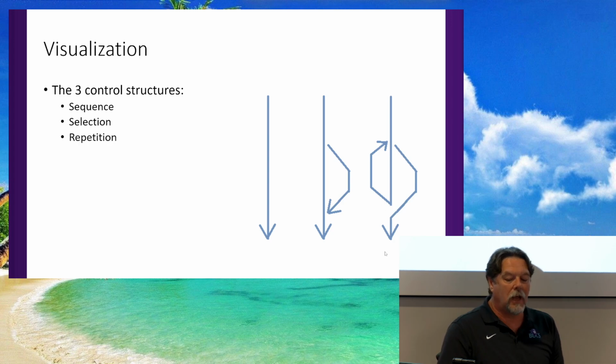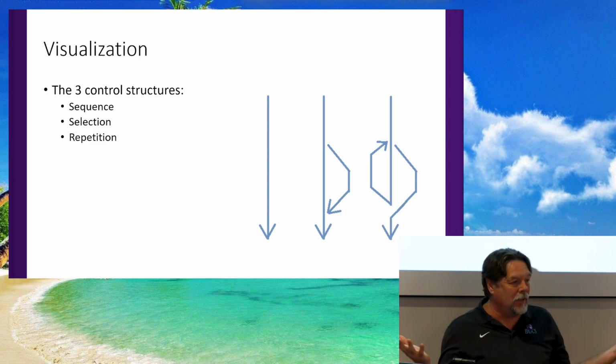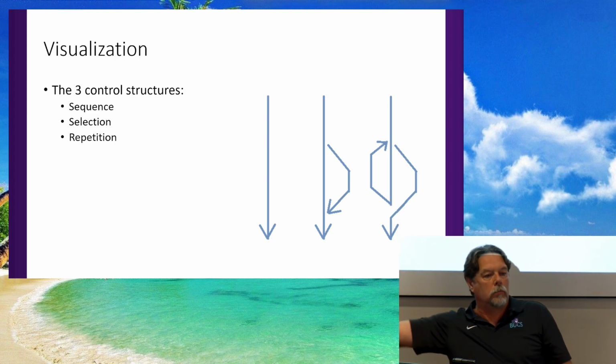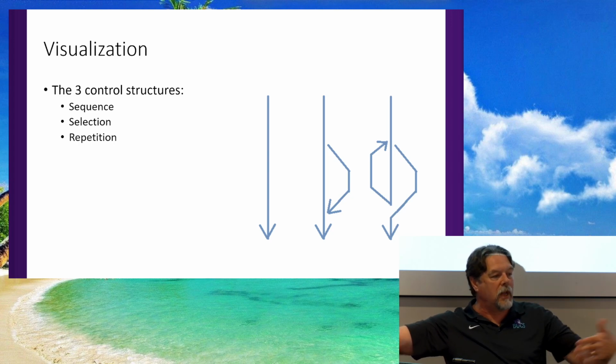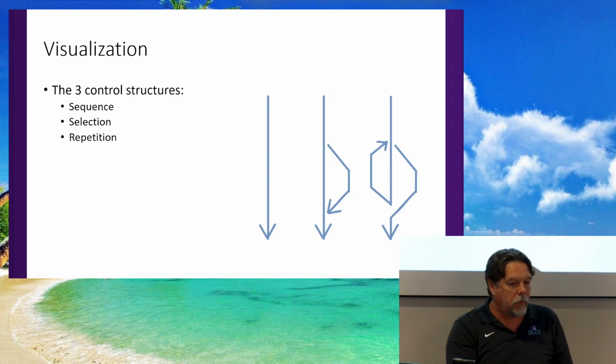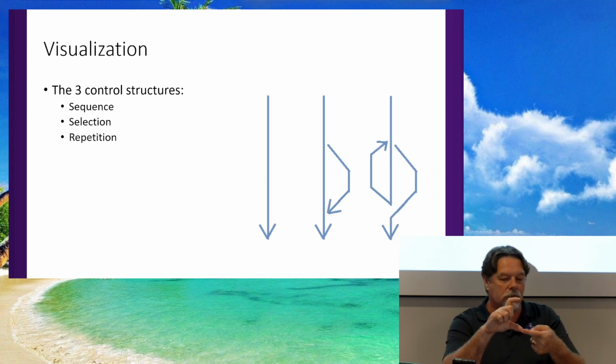And then repetition kind of looks like this more hairy looking one on the right, where, and I guess what I'm trying to convey here is with repetition, we have not added any new magical features to the language. All we're really doing is saying, if this condition is true, go outside the loop and go execute what comes next. If it's still false, then execute this set of instructions again, with the addition of, at the end of this block of instructions, go to the top of the loop and do it again.